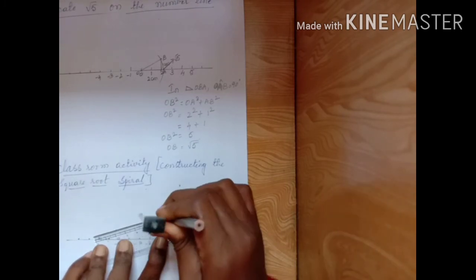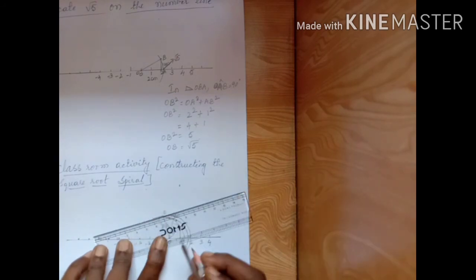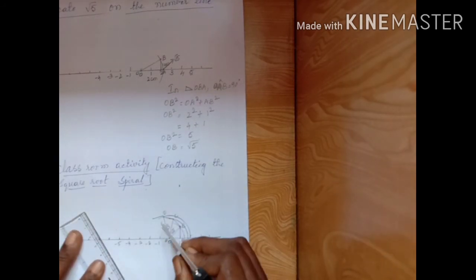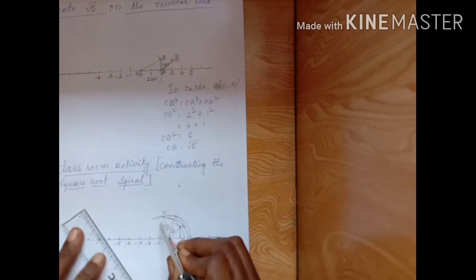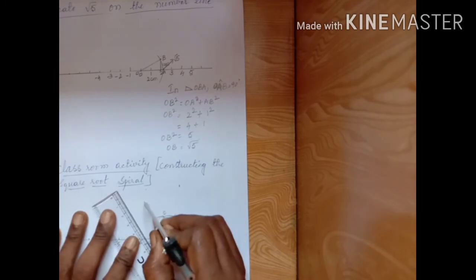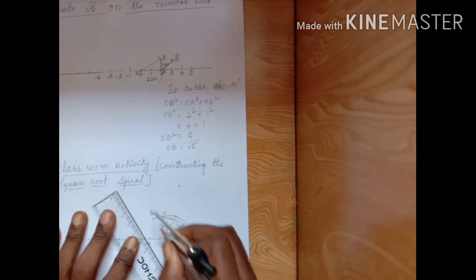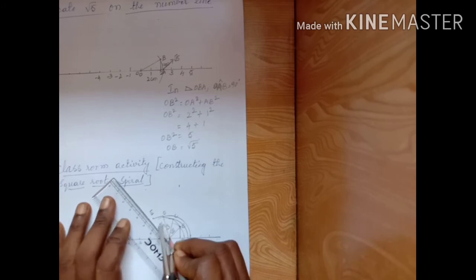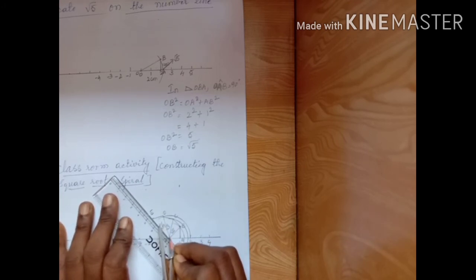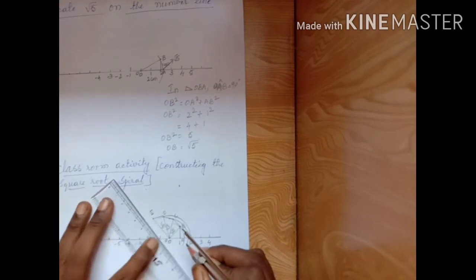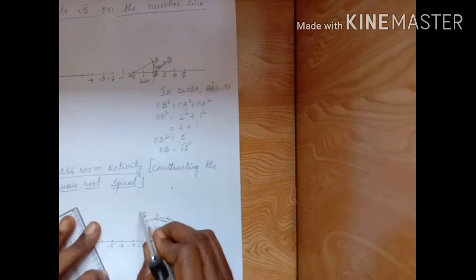Like this. Okay, now join that line. Call that point as E. Now join OE. Okay, this is square root of 5.